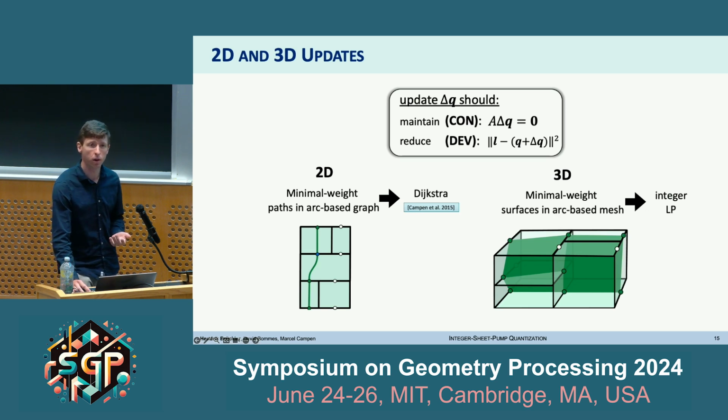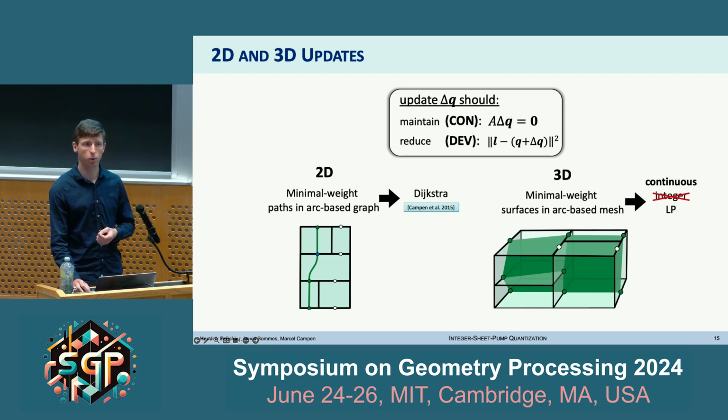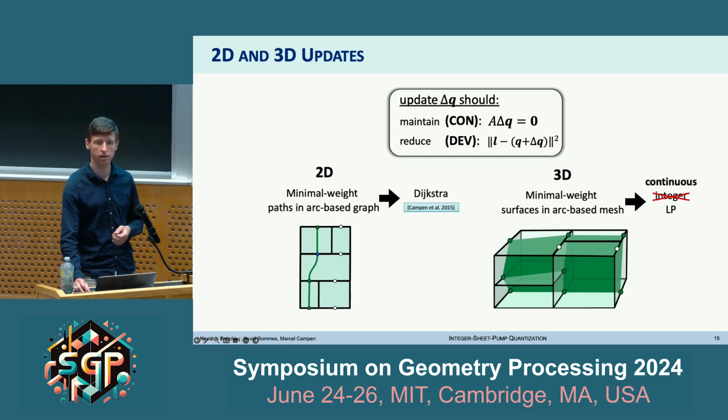Of course, if that were all, nothing would be gained, as we would still need an integer solver here. So the crucial insight here is that already the continuous relaxation of this integer LP has an integer optimum most of the time. And in case it doesn't, a reasonably close integer solution is easy to find.